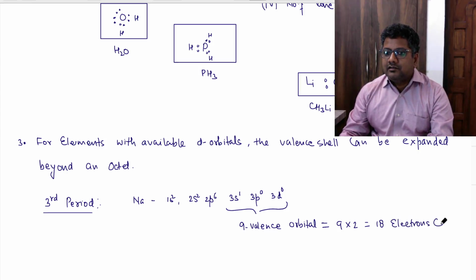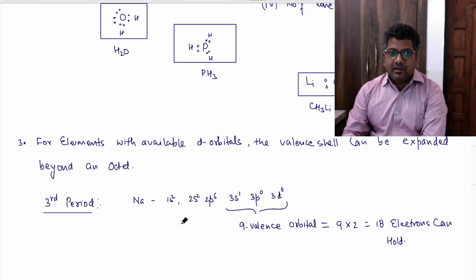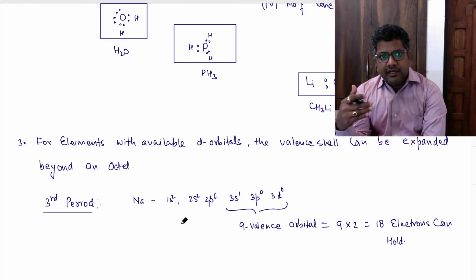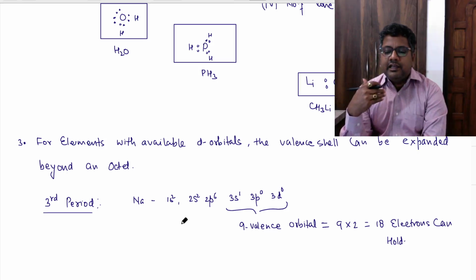can hold. So the third period valence shell can hold 18 electrons. Is there any example for that? That is a different issue.